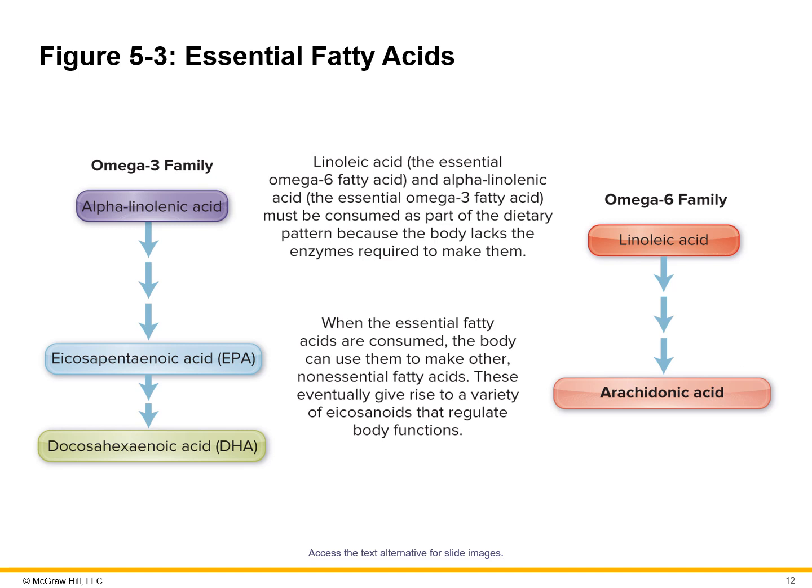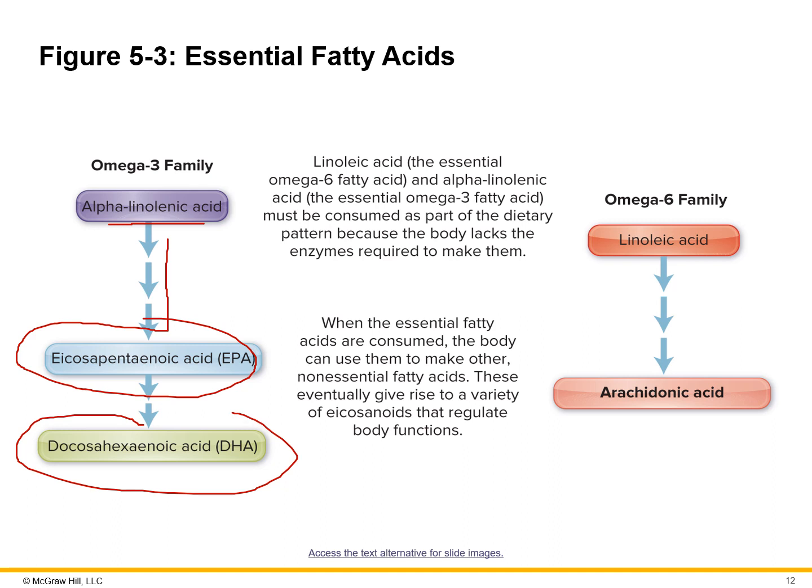All right, and this is just showing that. So again, our alpha linolenic acid can be used and converted by multiple steps into EPA, and then we can use it to make DHA, and then those can be used to make other fatty acids or to provide signaling within our cells.